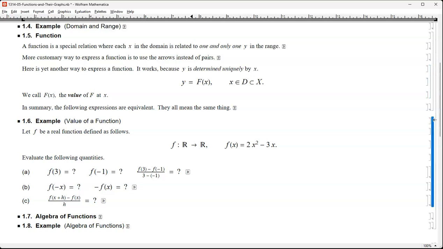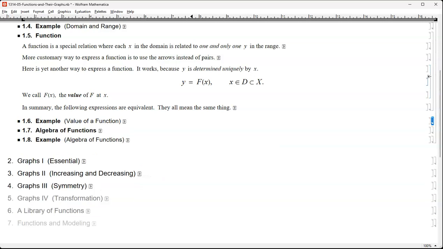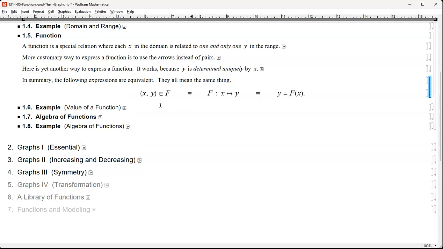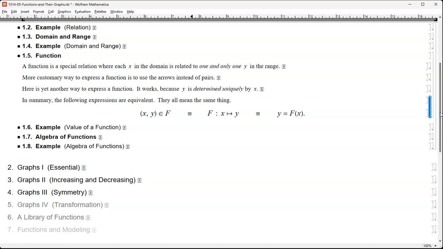So all these are ways to explain a function. Pair expression, that's okay too. Arrow expression, that's okay too. Algebraic expression, that's okay too. Most of the time here we'll use algebraic expression. That's because we are doing STEM algebra. Okay?